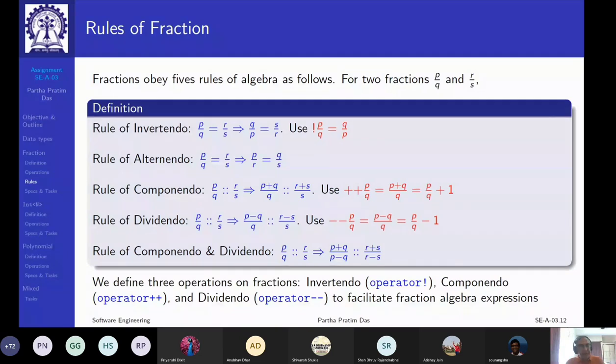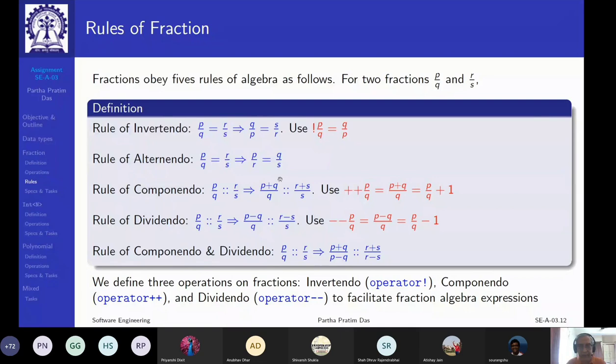We have a few rules of fraction also. There is a rule of invertendo, which interchanges P and Q. Alternando does not have much consequence in our design. Then you have the rule of componendo, which is basically adding 1 to the fraction, and dividendo, which is basically subtracting 1 from the fraction.